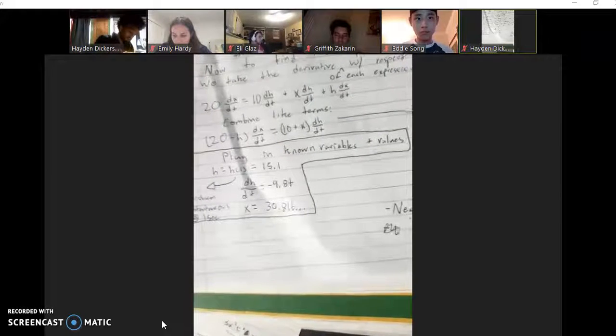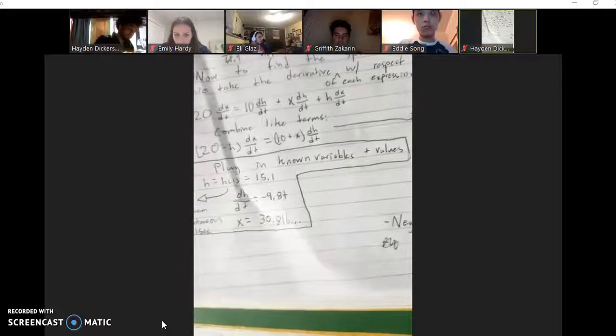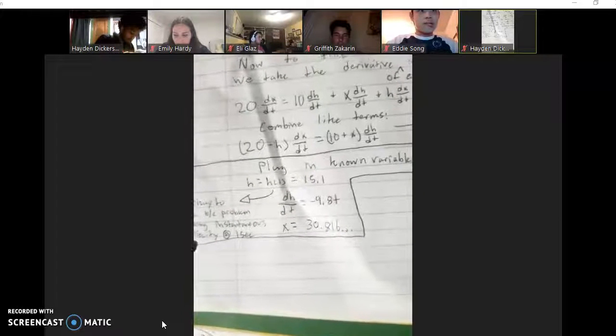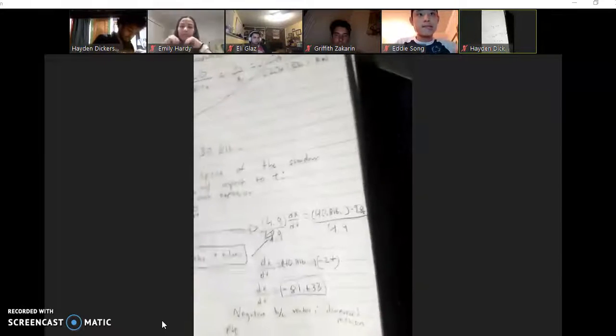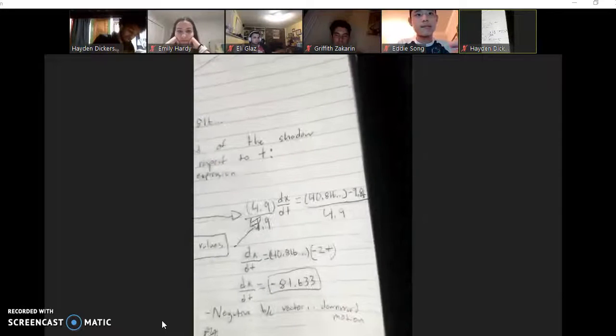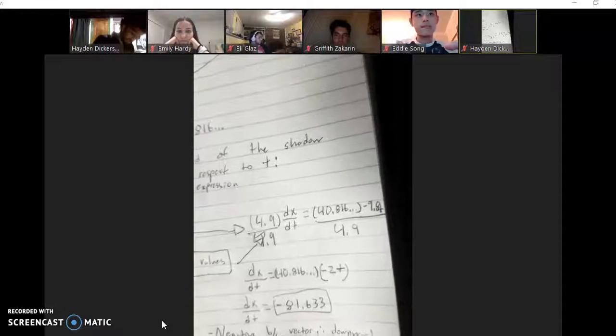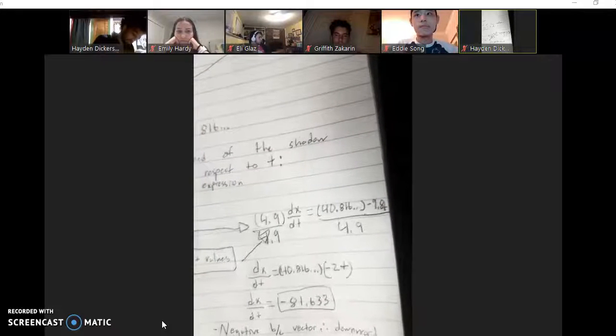You plug in the known variables and values. So we know what x is, we know what h is, and we solve for dh/dt up here. Once we plug everything in, we get this expression, 4.9 dx/dt equals 40.816, etc., minus 9.8t.